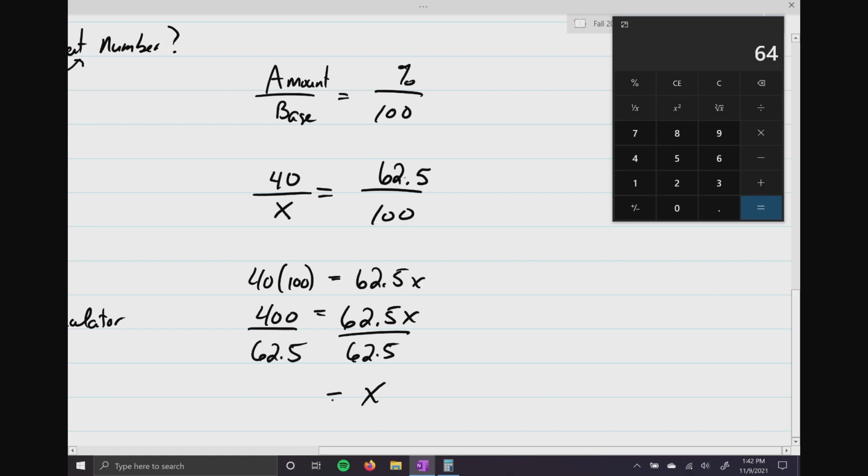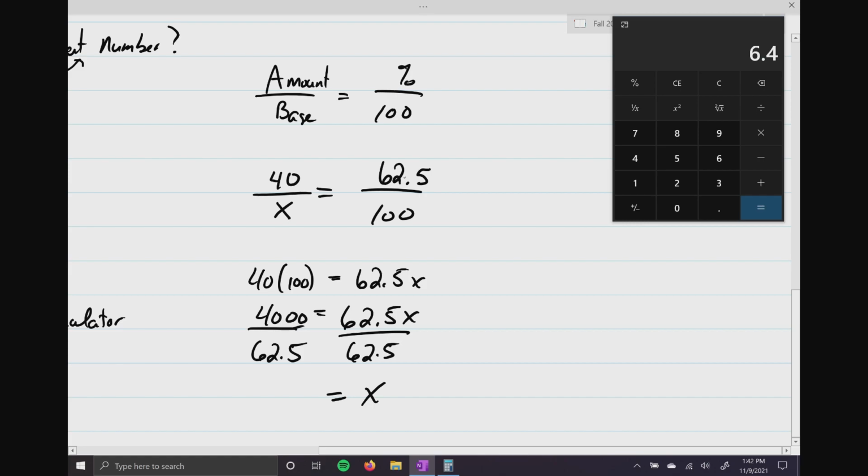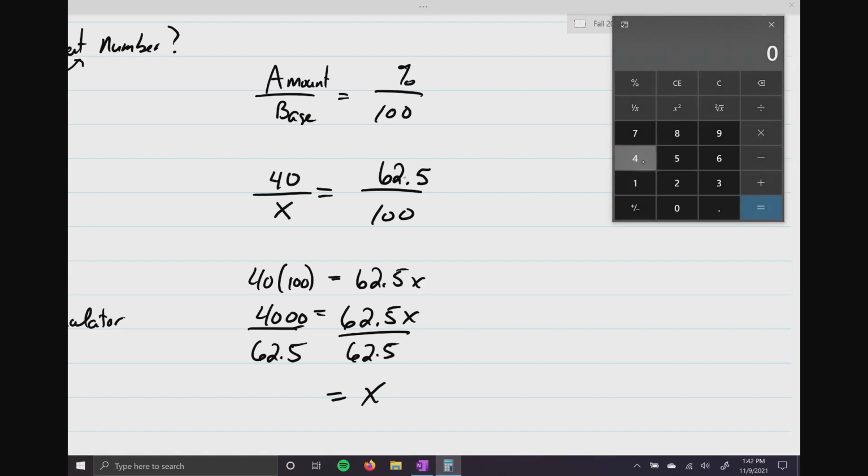Make your life easy. Use a calculator. So we have 400 divided by 62.5. Hold on. Hopefully you're looking at that 6.4 and you're like, that's not right. 40 times 100 is 4,000, not 400. So that was your professor's mistake.